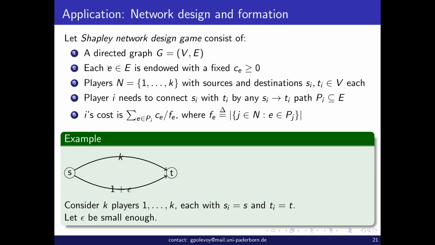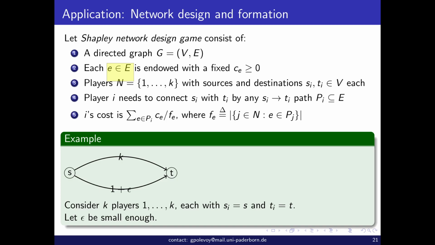Every directed edge, well, when I say edge, I mean an arc in the sense of a directed edge, is endowed with a fixed cost. Unlike what we saw in the routing case, here the costs are fixed. And the question is not what is going to be the cost because they're fixed. The question is which edge will be used, and if yes, by whom, and then the cost is divided, but the cost itself is fixed.